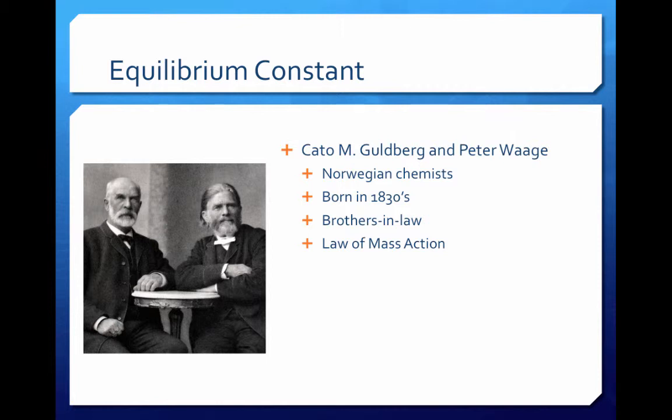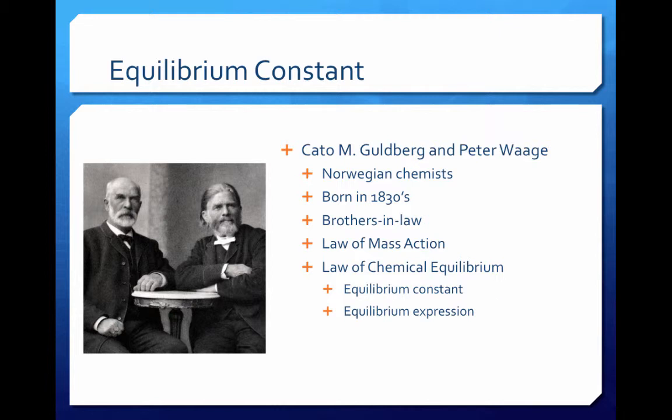The main discovery both are credited with is the concept of the law of mass action, which eventually developed into the law of chemical equilibrium. The idea that these dynamic equilibria exist and that we can mathematically represent them with both an equilibrium constant, which we've already talked about, and an equilibrium expression, which we're going to be dealing with in a few minutes.